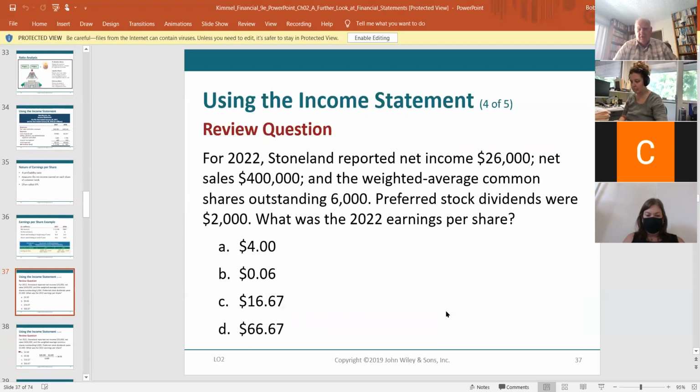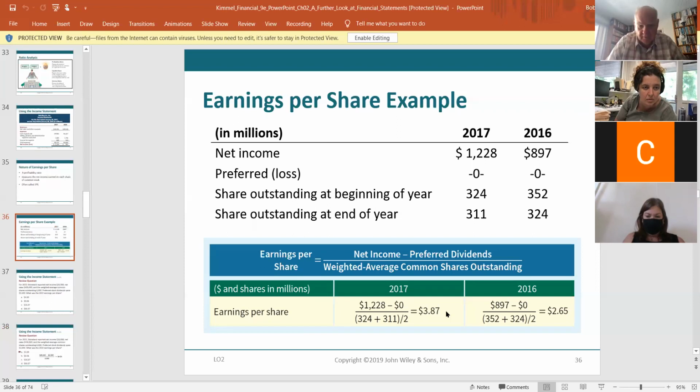What were the earnings per share here? Why don't you pick up a pencil and see if you can come up with the answer? Net income was so much. I'll let you look at the formula. Earnings per share equals net income divided by the weighted average.